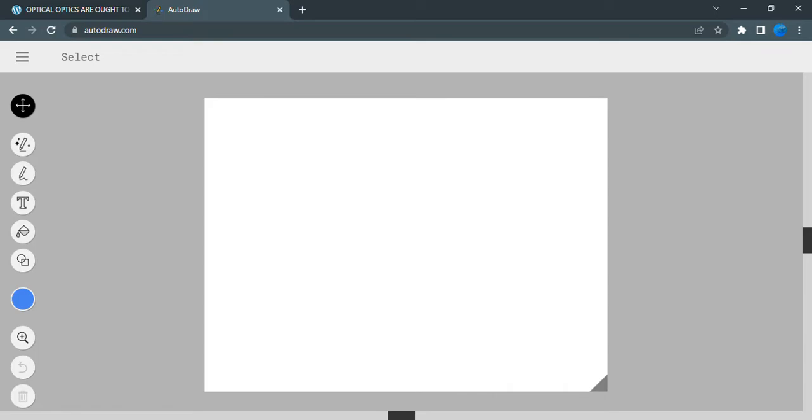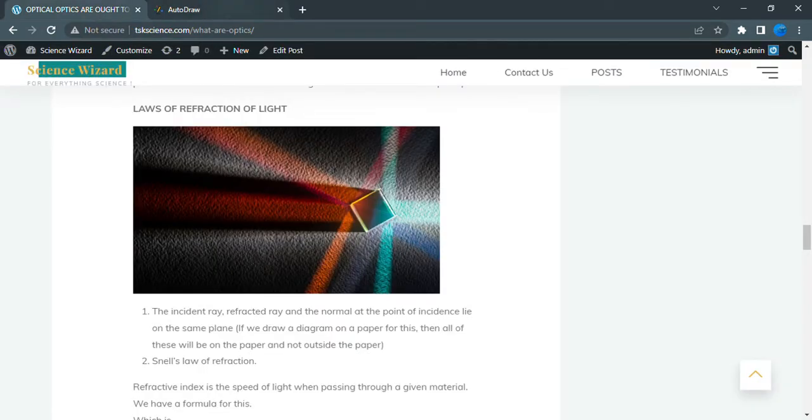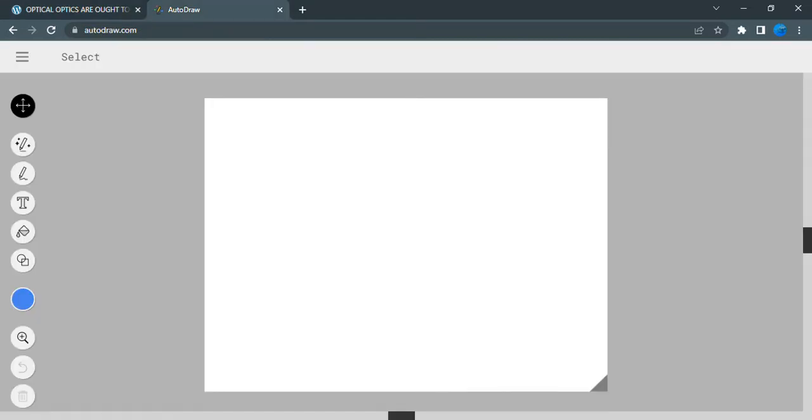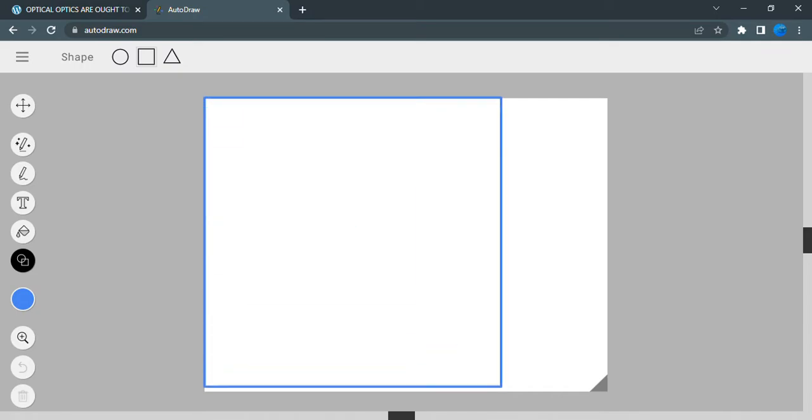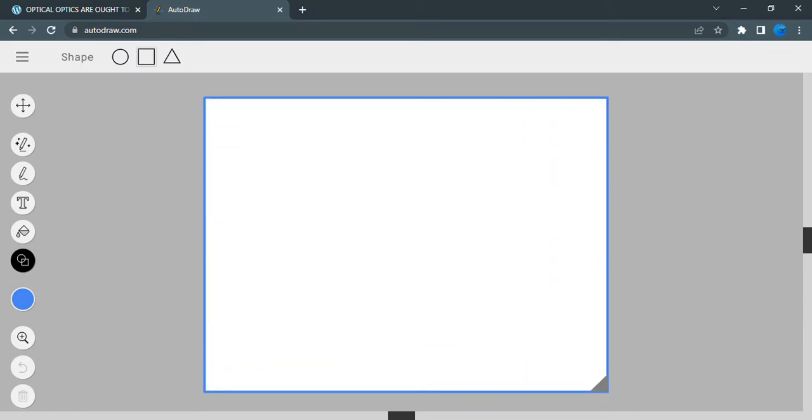There are two laws of refraction of light. The first of which is similar to the laws of reflection of light: the incident ray, refracted ray, and the normal lie on the same plane. Again, this means that if we have a paper, let's say this is our paper, and we draw a diagram for refraction here.